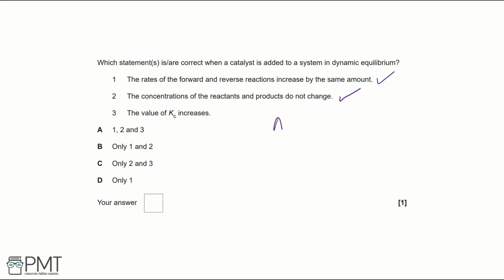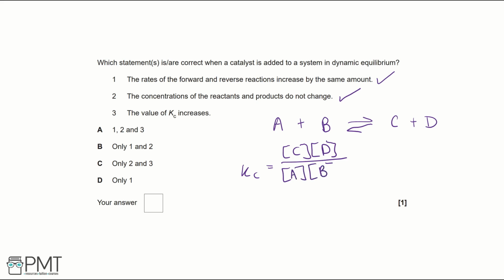If we had a basic equilibrium where we've got A plus B, a dynamic equilibrium, C plus D, then Kc is equal to the concentration of C multiplied by the concentration of D divided by the concentration of A multiplied by the concentration of B. And if you had, let's say, 2 of A and 3 of C, you would have a squared and a cubed here. But this is based on concentration, and we've already established that the concentrations don't change.